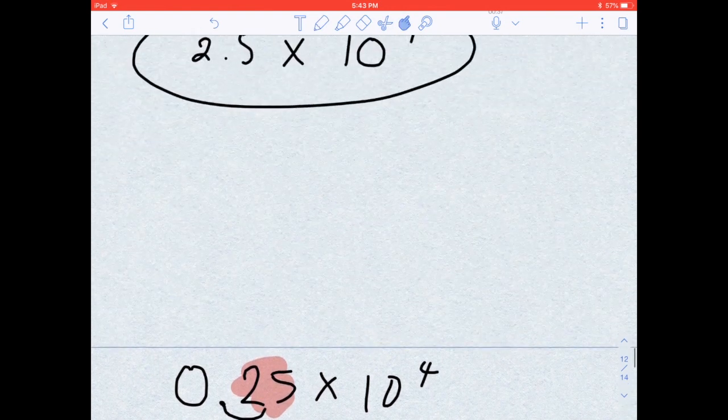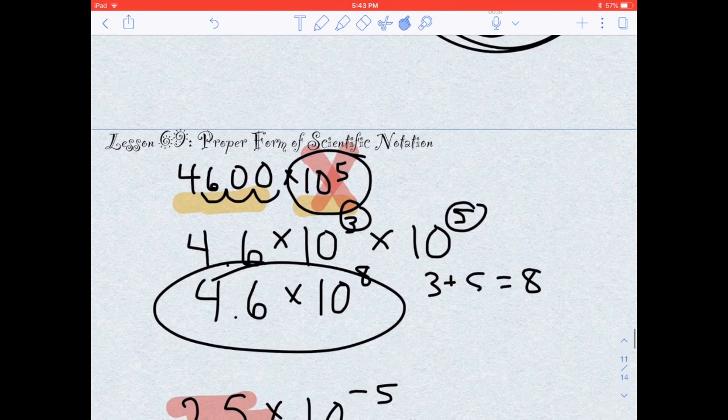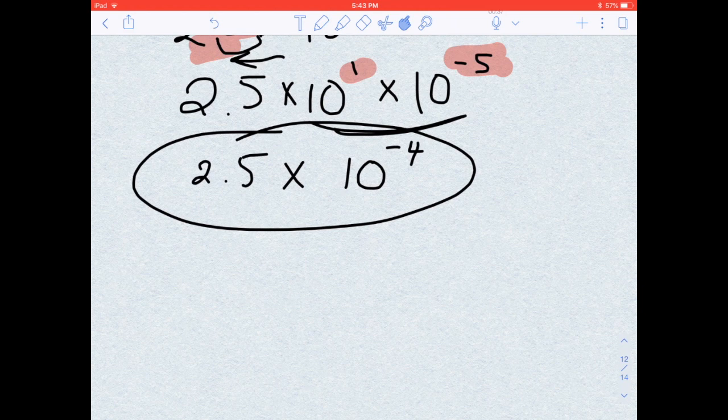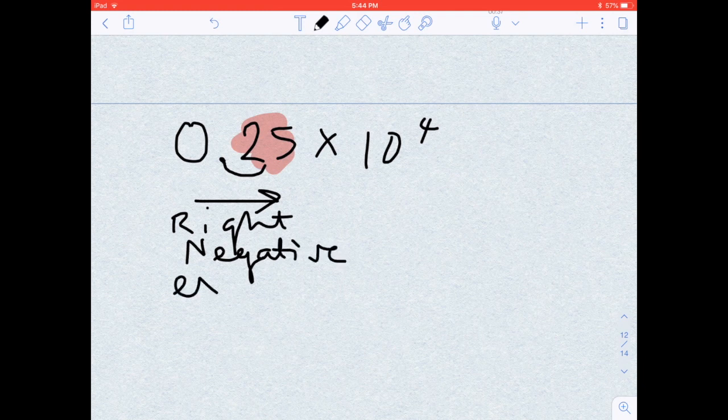Everybody else, when we did this, moved which way? Left. This one moved left. Okay, a left is going to give you a positive number, right? There's our positive 1. But this time I moved right, so if you move right, don't forget, that means you get a negative exponent. Don't forget, that's really important.